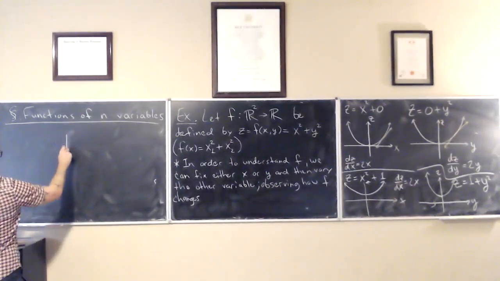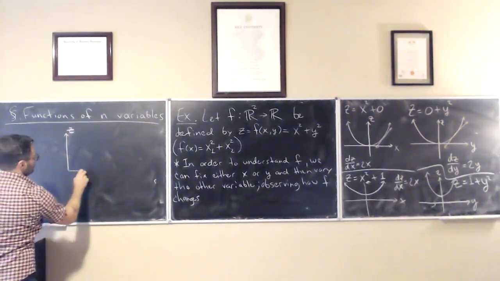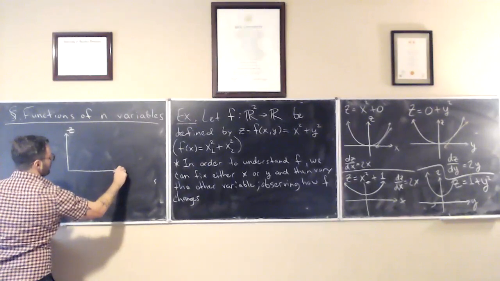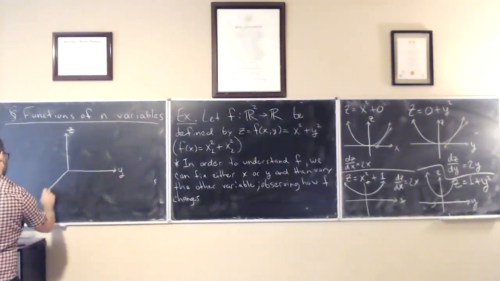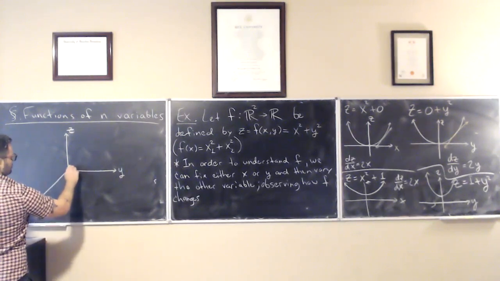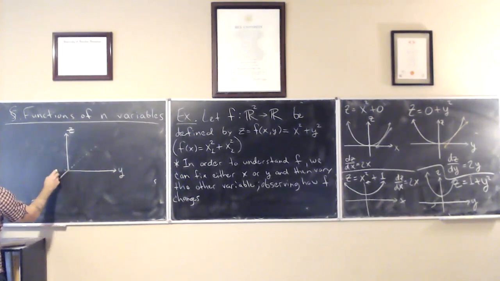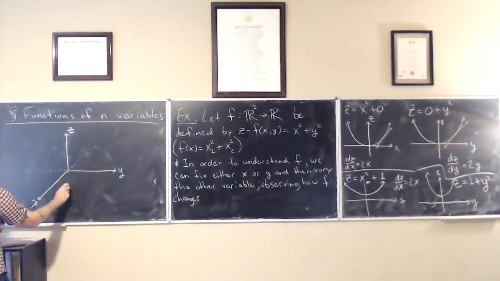So you start by drawing your z-axis here, your positive y-axis here, and your positive x-axis here. And negative x, it's kind of shooting back into space, and negative y is going that way, and then below this plane is negative z.